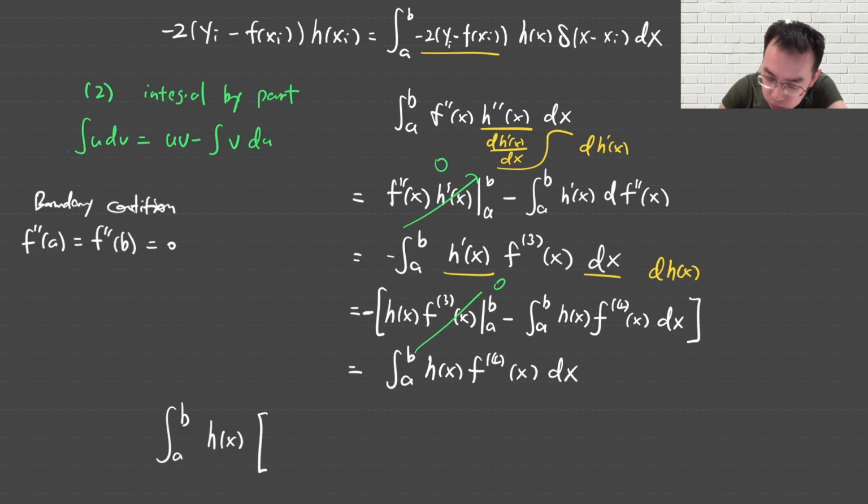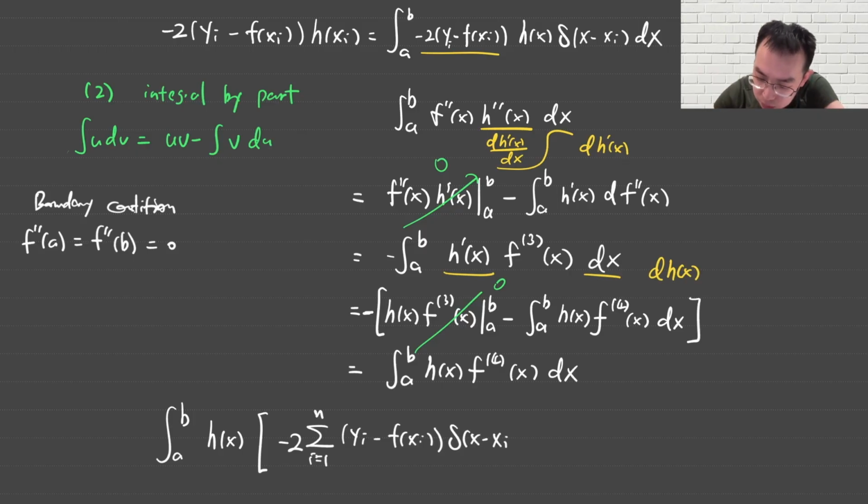Inside we have minus 2 summation i from 1 to n, yi minus f of xi delta x minus xi, plus, I think I have a 2 lambda as a constant, and then f fourth derivative of x dx.